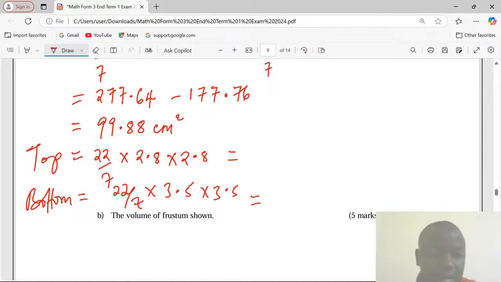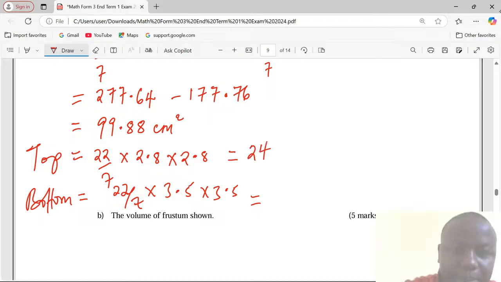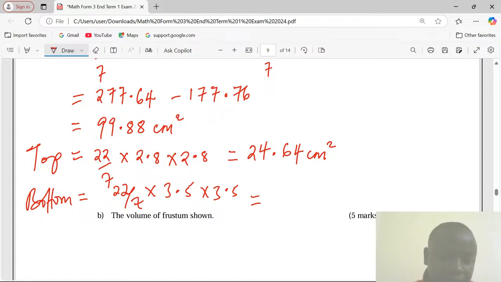So 22/7 multiplied by 2.8 by 2.8 will be 24.64 square centimeters. Then 22/7 by 3.5 by 3.5 is going to be 38.5 square centimeters.